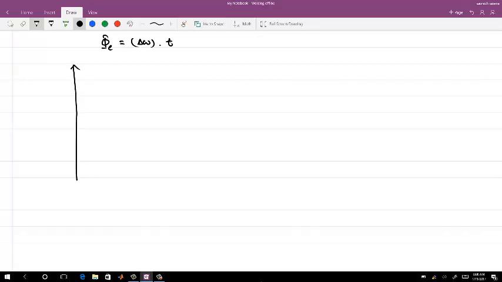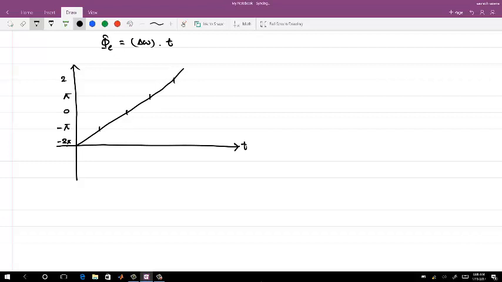So if this is my time axis, okay, this can be arbitrary. So this is minus 2 pi, minus pi, 0, pi, 2 pi, and this is phi error in open loop.